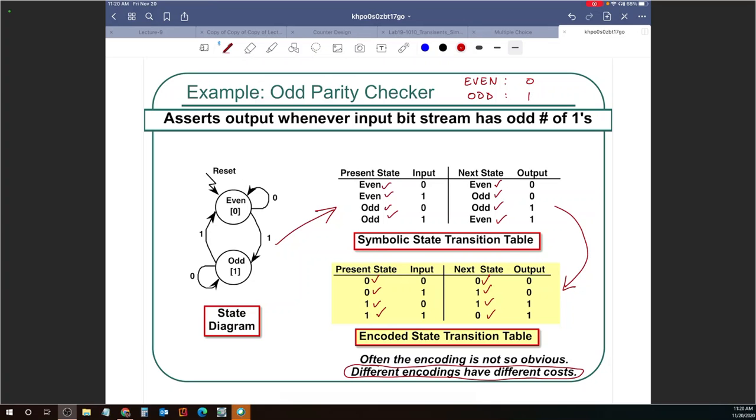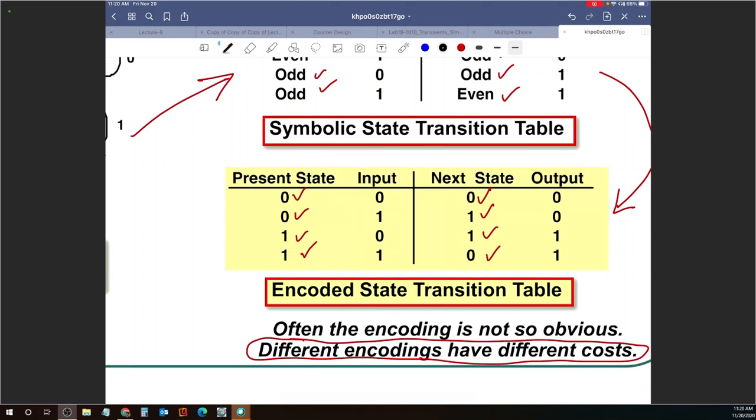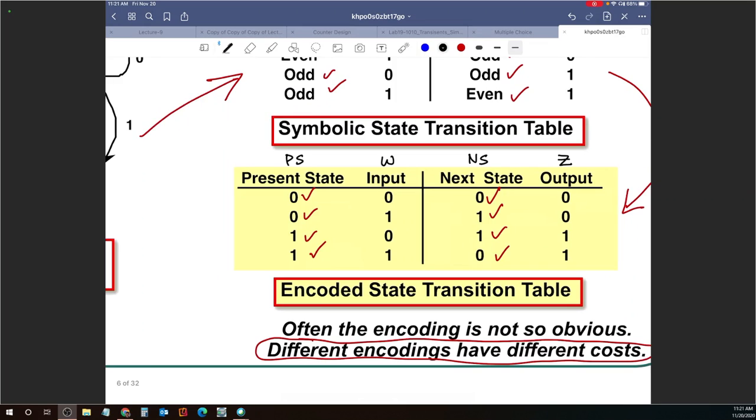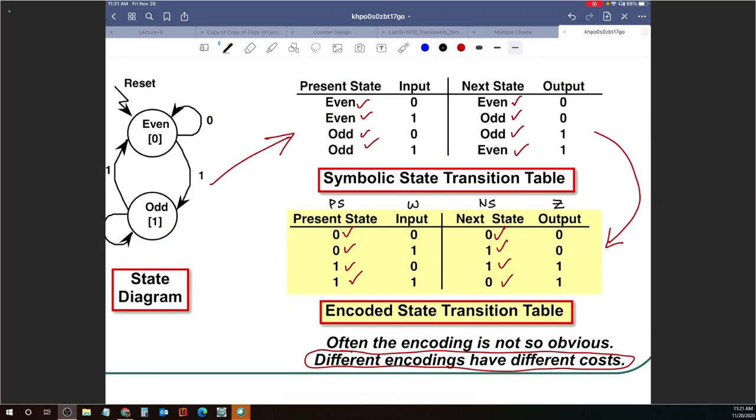Now let us do an exercise here. I will say this is PS, and this is W, this is NS, and this is Z. Can you guys tell me an expression for Z in terms of the inputs here? An expression for Z and the expression for next state. A logic expression.